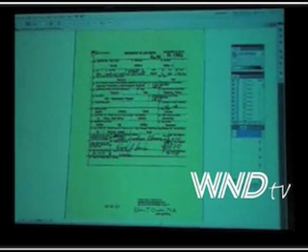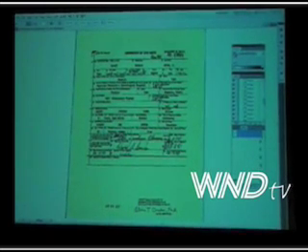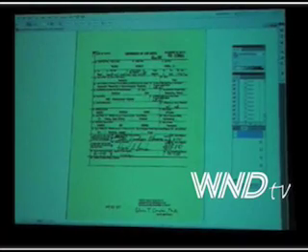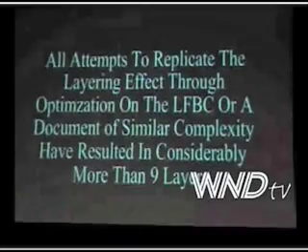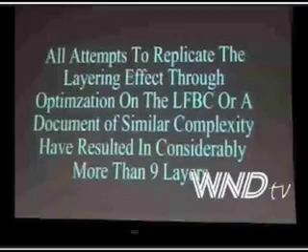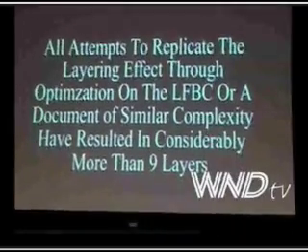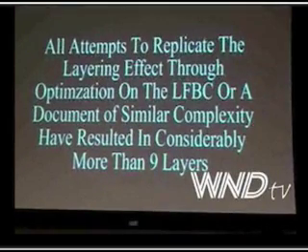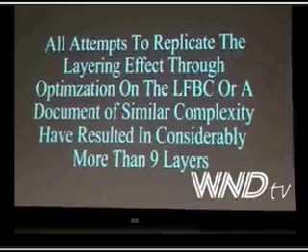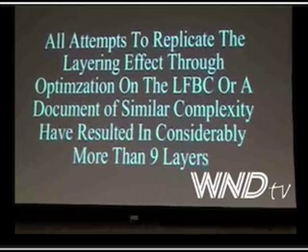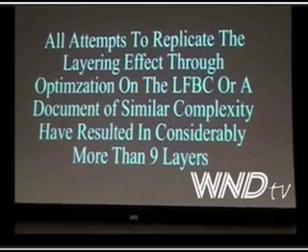Our control document had 45 layers after being optimized. All attempts to replicate the layering effect through optimization on the long-form birth certificate or a document of similar complexity have resulted in considerably more than 9 layers.